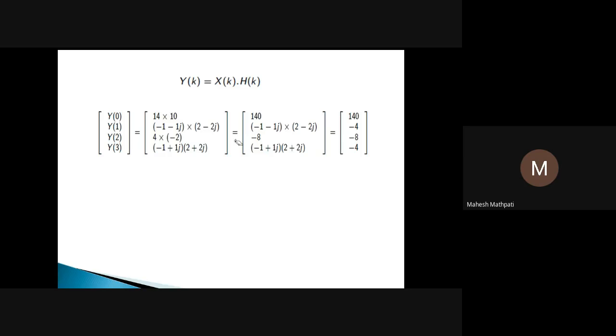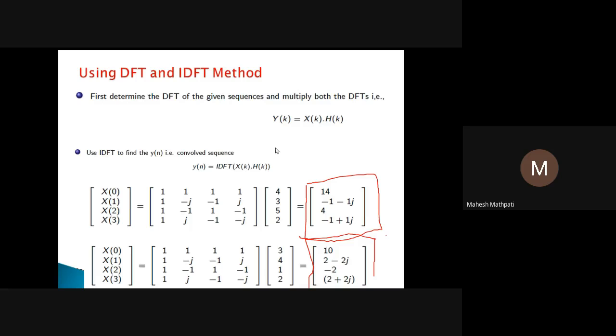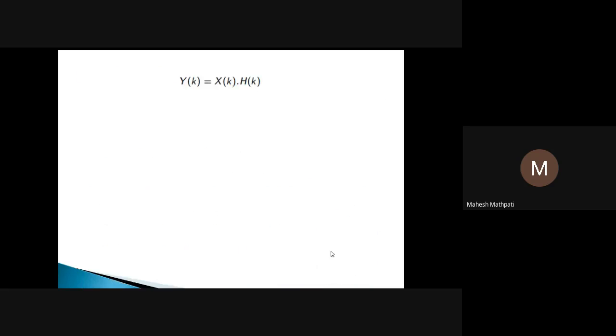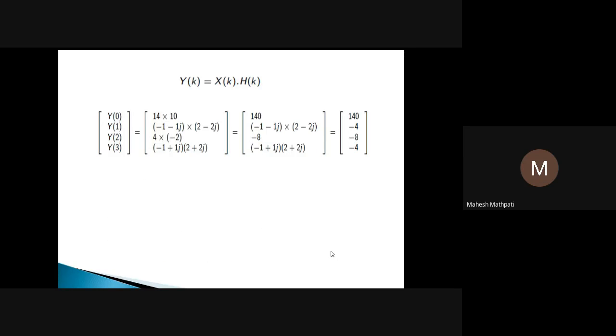So first he is taking the multiplication of 14 into 10, then again the second point, the third point, a direct point-by-point multiplication.